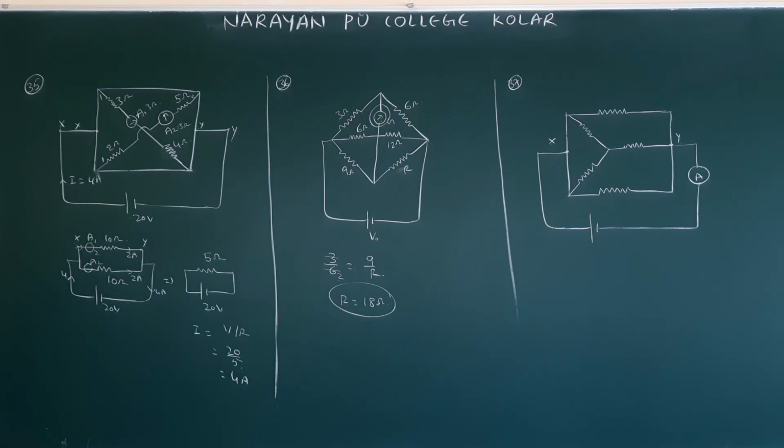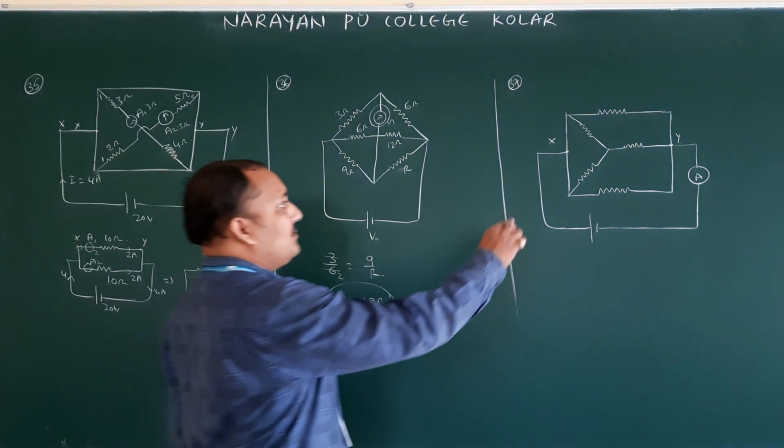Next, question number 37. Find the current shown by ammeter A. Between X and Y they connected 24 volts, with resistors 9, 4, 9, 12, 18.